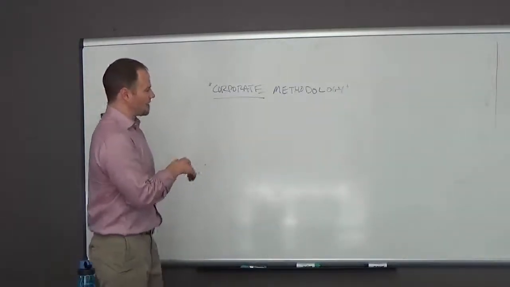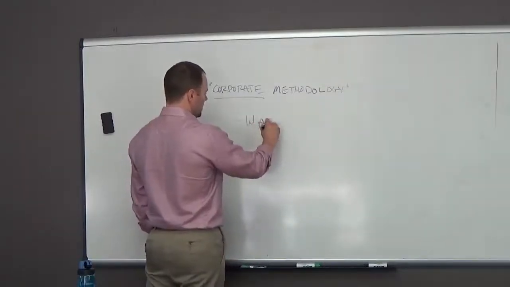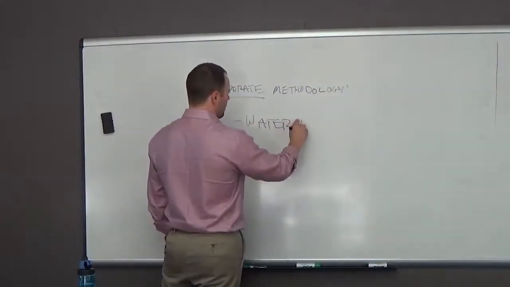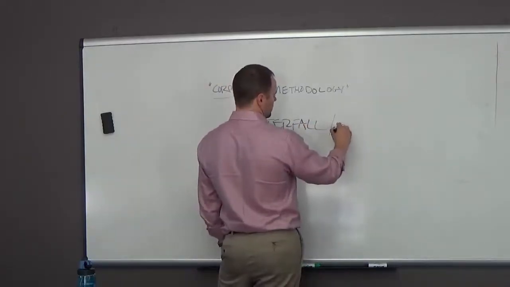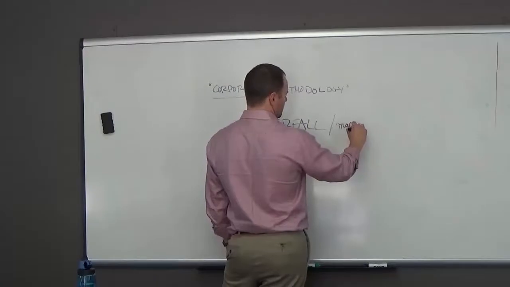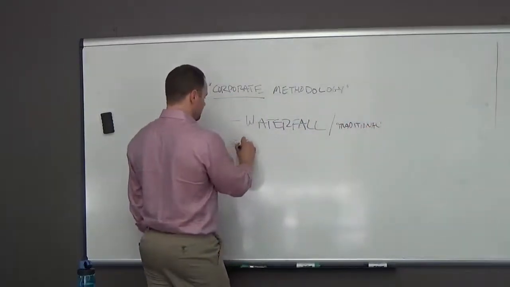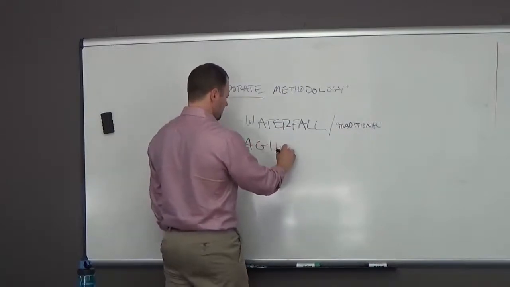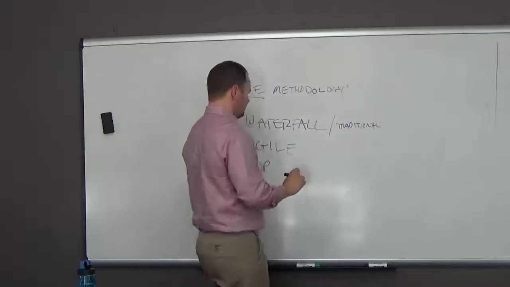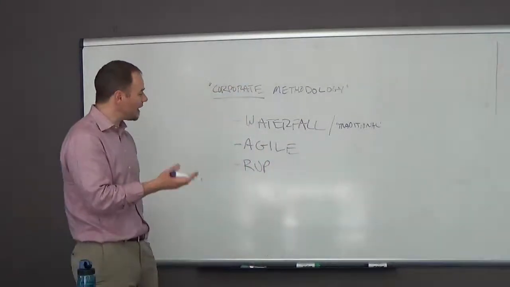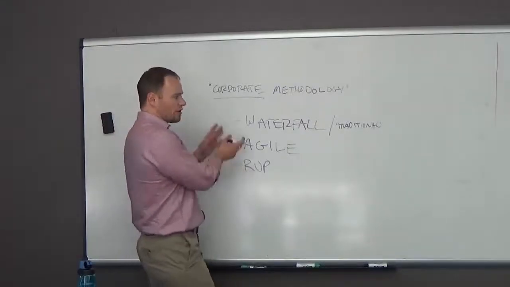Generally speaking, as I point this out, they are using one of these, the waterfall, or traditional, or the Agile, or the RUP, and they either just renamed it, or more likely they're borrowing concepts from one and focusing on another.